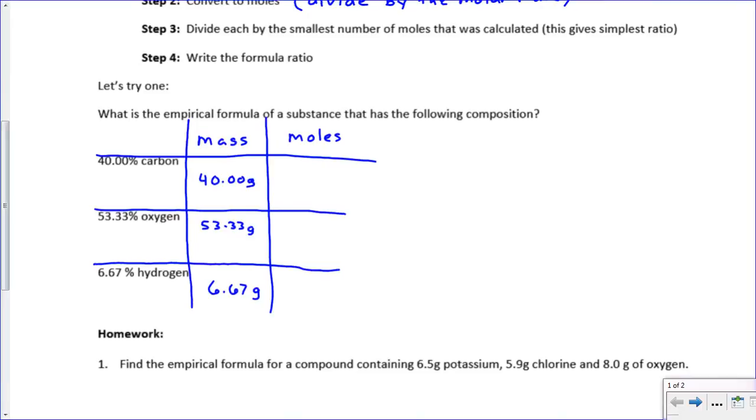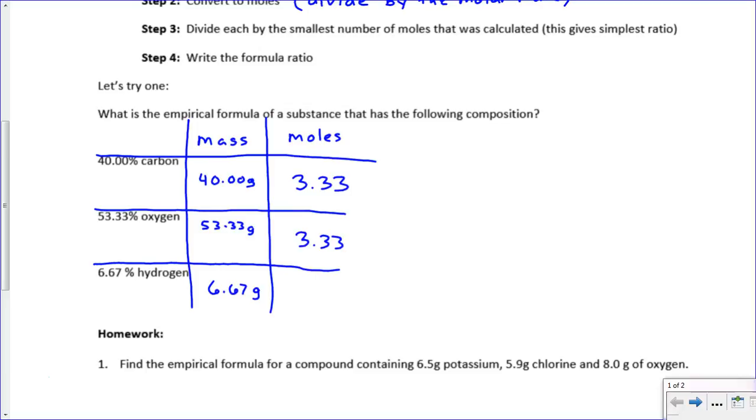Carbon's molar mass is 12.01. If you divide 40 by 12.01, you get 3.33. Oxygen's molar mass is 16.00. If you divide 53.33 by 16.00, you get 3.33.